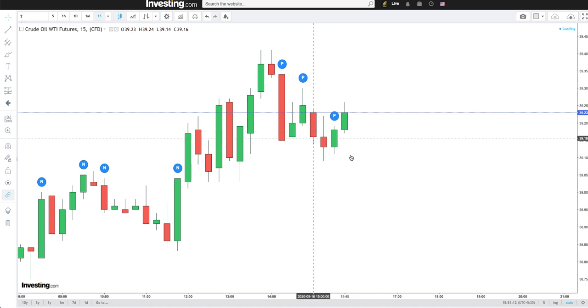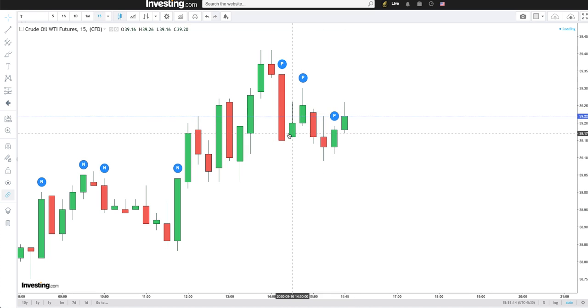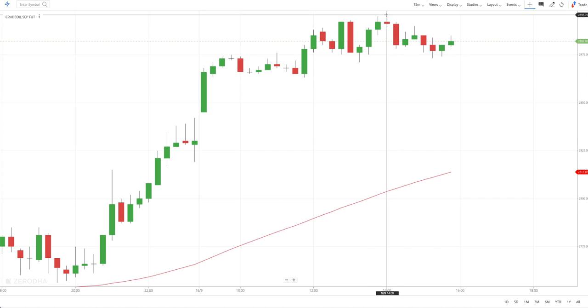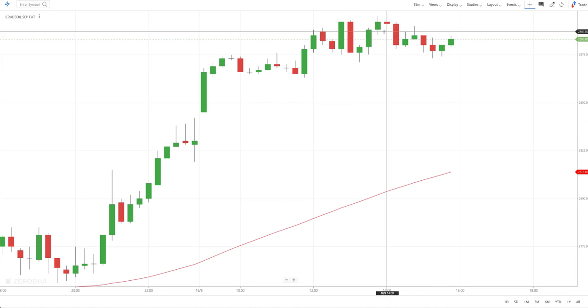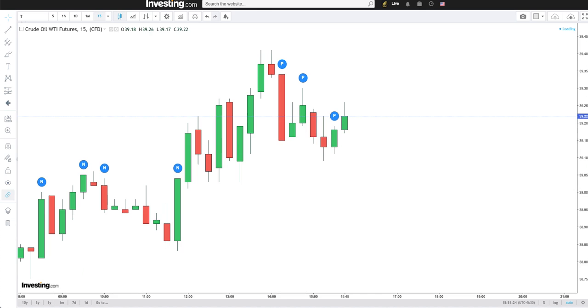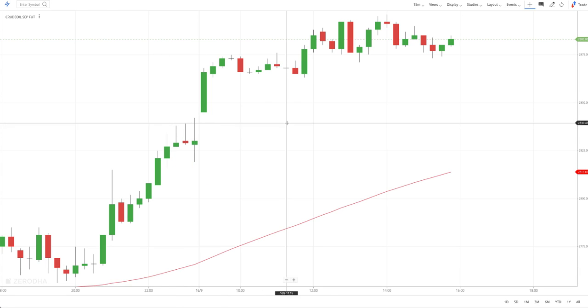Two candles red, two candles green, two candles green, two candles red. What you see over here is the same: two candles red, two candles green, two candles red, two candles green, and the three green candles before that. This is in dollars, and this dollar value converted to Indian rates is what we get on the Indian markets.